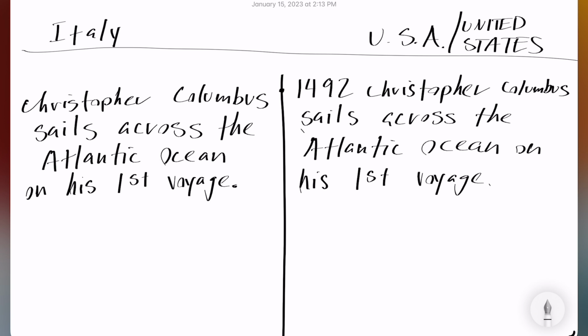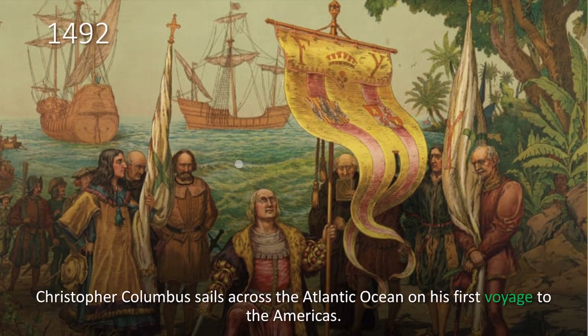Okay? Excellent. So that is the beginning of our timeline. We start with that first event. Let's take a look and see what else happens over the course of this time period. Now, I do have a few Italian events that maybe we can add to our timeline, all right, before our next important date for American history.